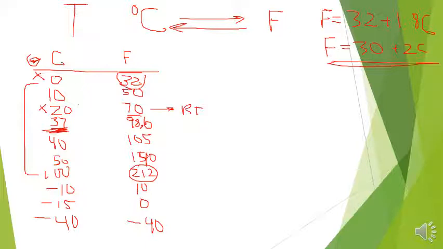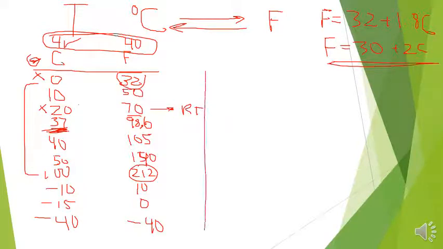Your refrigerator is actually a big deal. Your refrigerator is at 4 degrees Celsius, which is 40 degrees Fahrenheit. And that's an important value. So the refrigerator is not some random number. It's set at 4 degrees Celsius, 40 degrees Fahrenheit, and that's because water is most dense at that value.